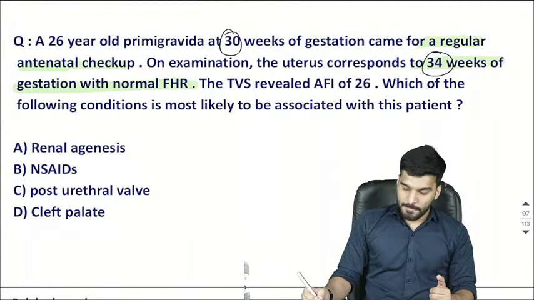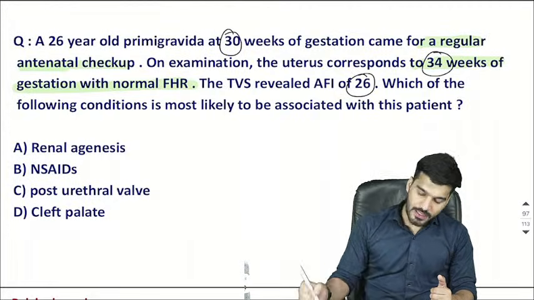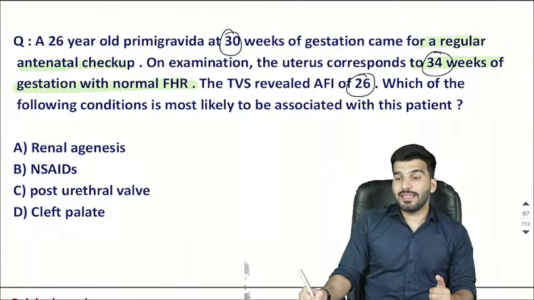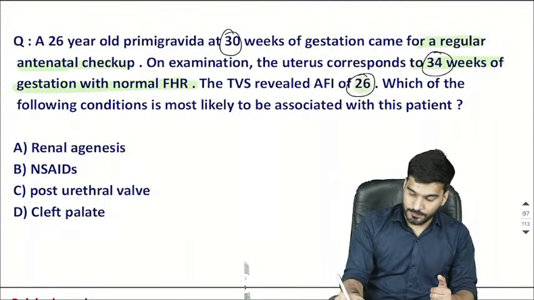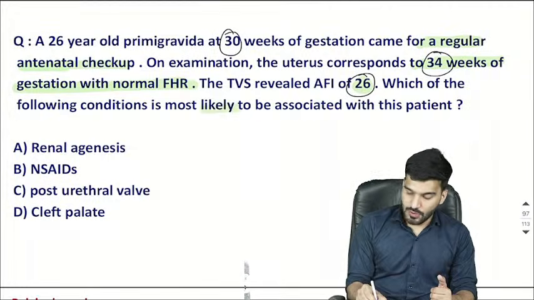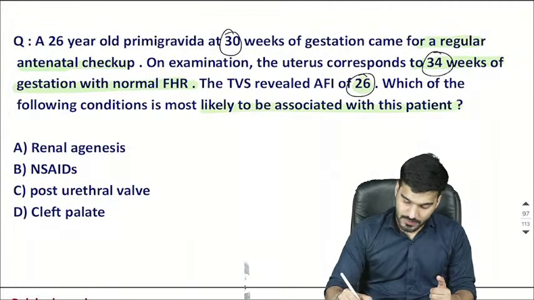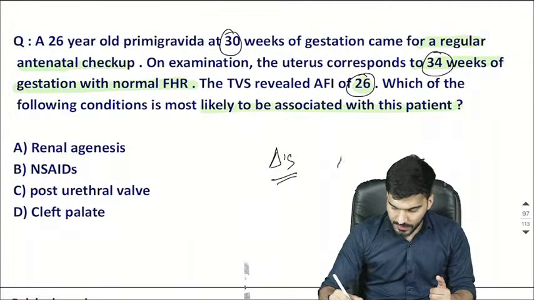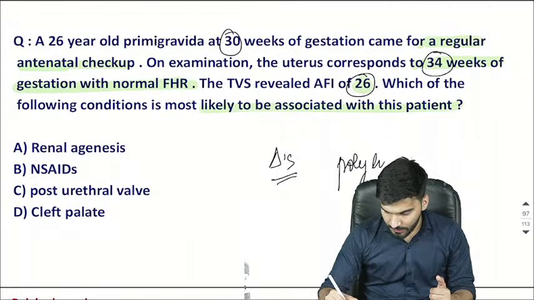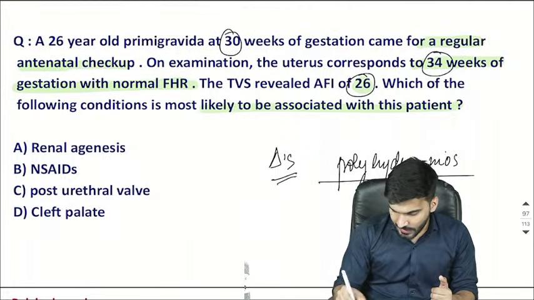The TVS revealed another finding, that the amniotic fluid index is 26. That means more. Which of the following conditions is most likely to be associated? The diagnosis is easy to catch. The diagnosis is simply polyhydramnios.